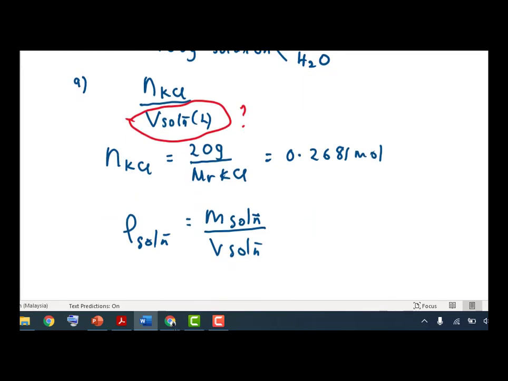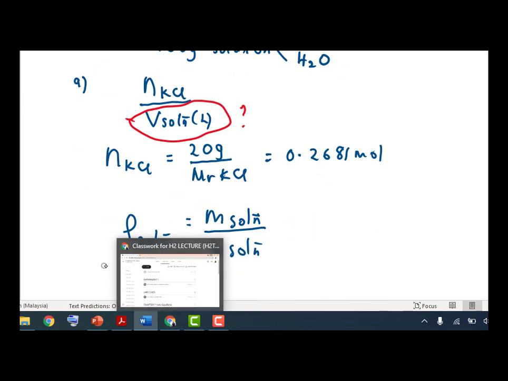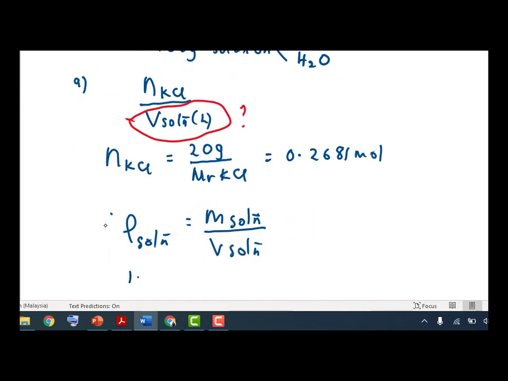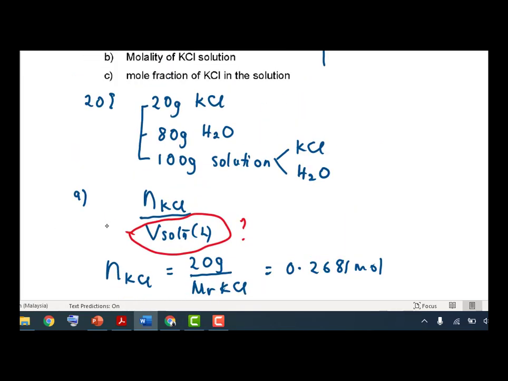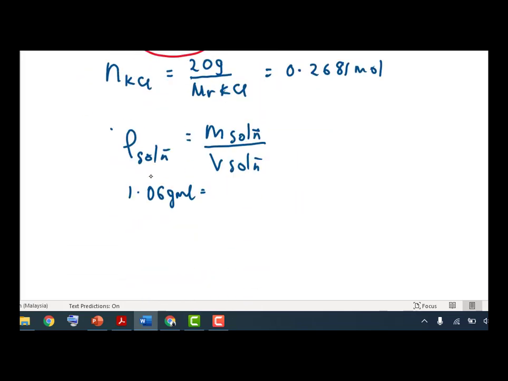What is the mass of solution? Mass of solution is 100 gram. Then you insert it here, 100 gram, the mass of solution.